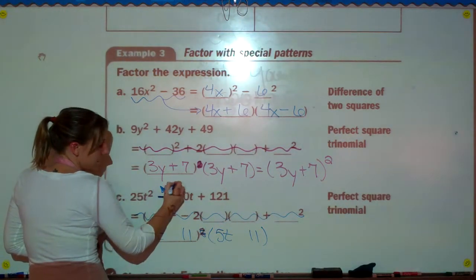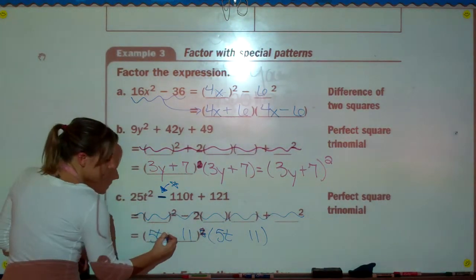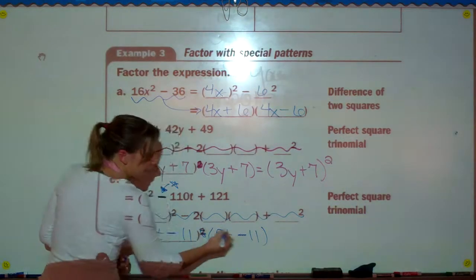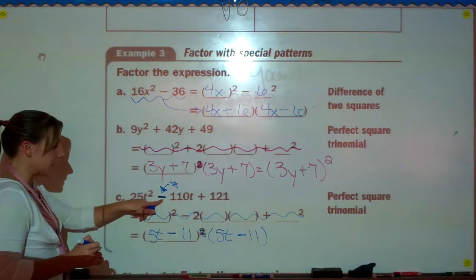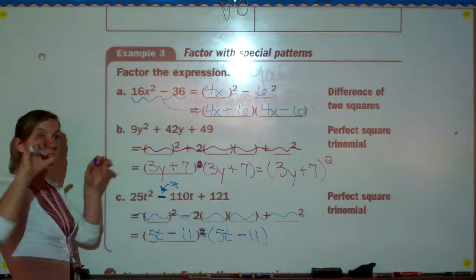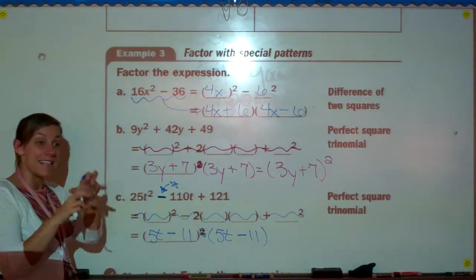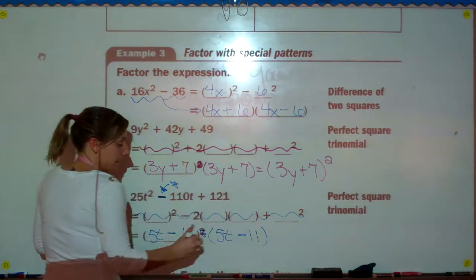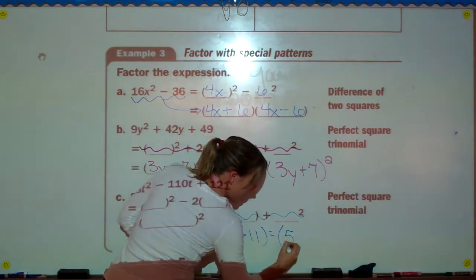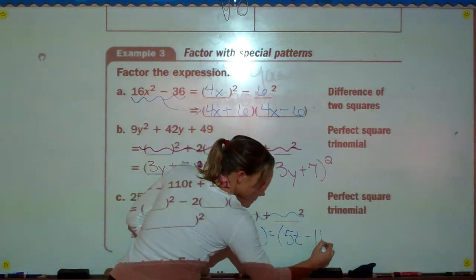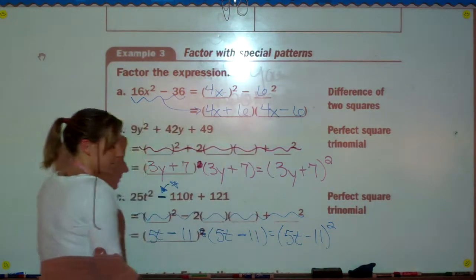That tells us that we need it to be minus and minus. It's minus and minus because the two middle terms, the two corners of your box, need to come together as a negative. So it's minus and minus. And since there's two of them, you could say 5t minus 11 squared.